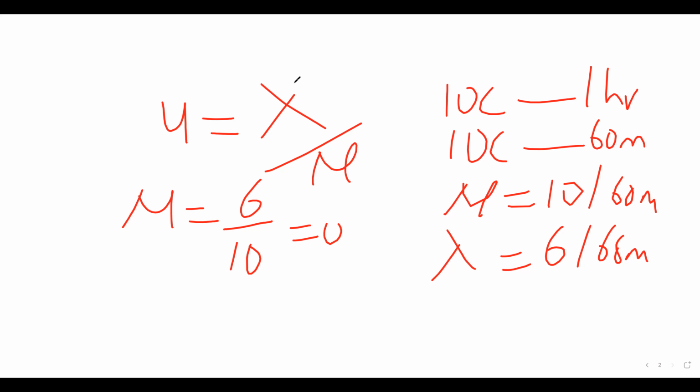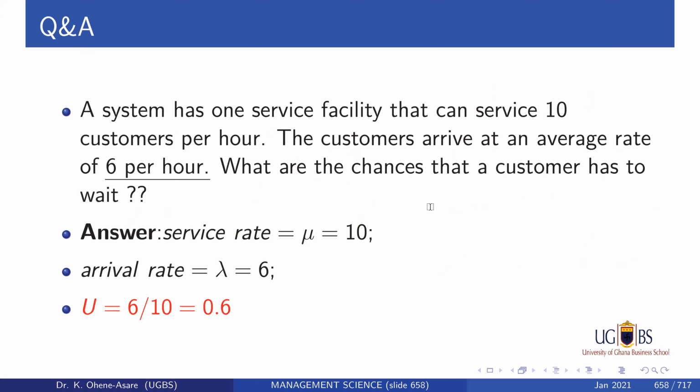So once you got that value, that is the 60% chance that a customer has to wait. So there's a 60% chance that a customer has got to wait because of what is happening: because the server is very busy, very tight. Okay, that is how you compute it. So let me just show you how it was executed. So this is it.